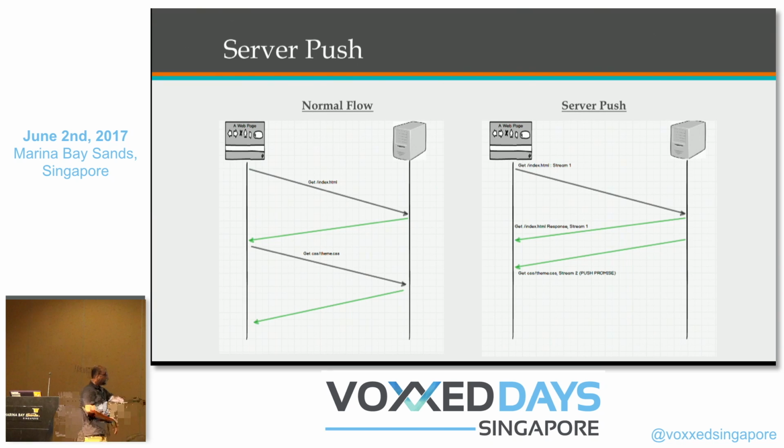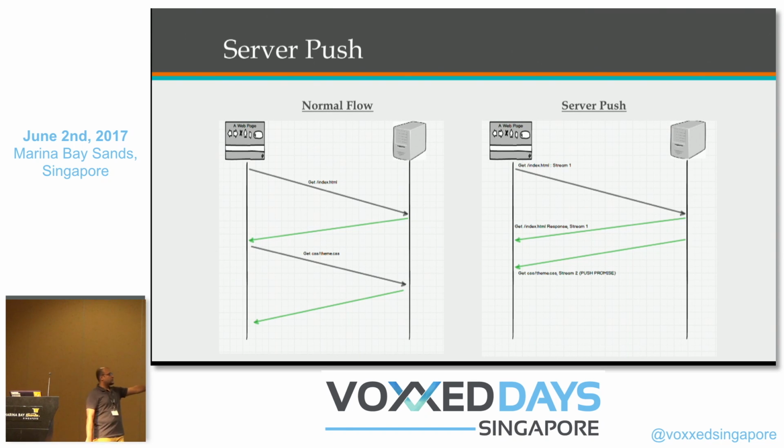So we can improve this process by using server push. In server push, we normally return the thing that the client is asking for, but we are also saying, okay, you might need this one as well, so hey, take it.